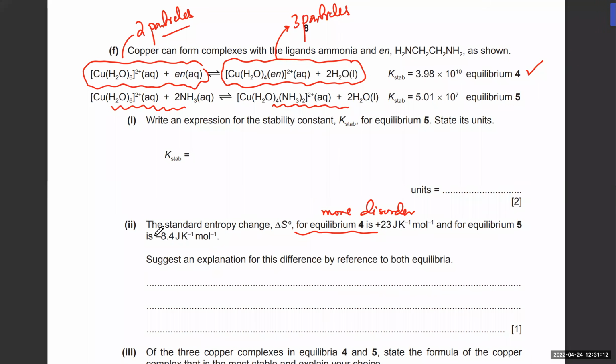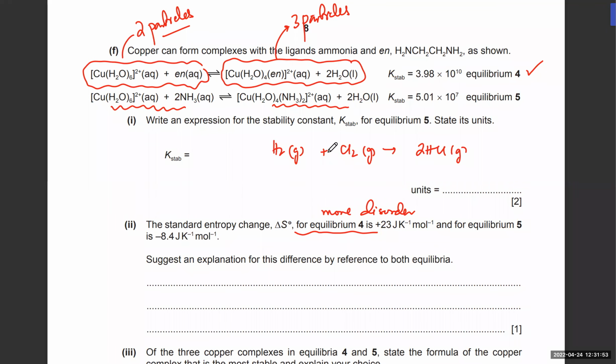Just remember, when you're talking about it qualitatively, if somebody tells you that H2 gas reacts with Cl2 gas and produces 2 molecules of HCl gas, in this reaction, by just guessing, you can't really predict whether delta S is positive or negative. What you can guess is there's going to be very little change in delta S because there are 2 particles on one side and 2 particles on the other side. What you can tell is that delta S is going to be really, really small.